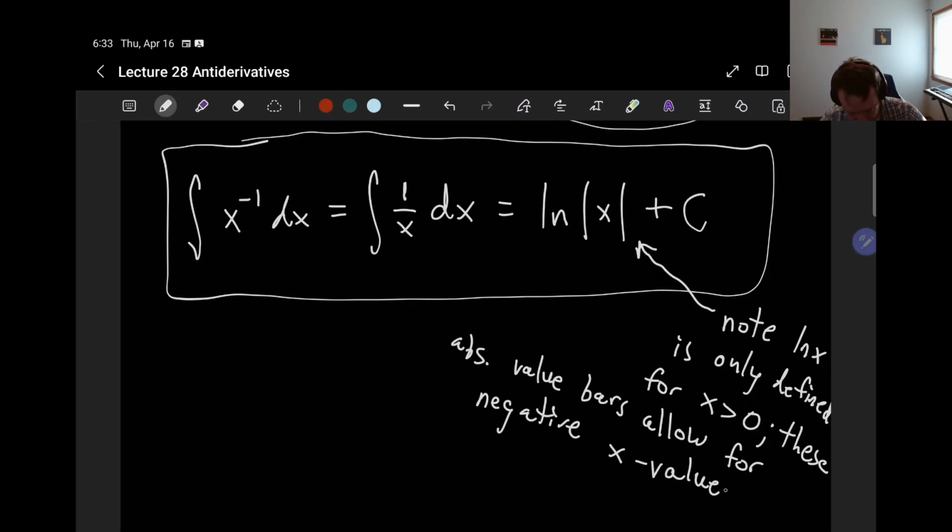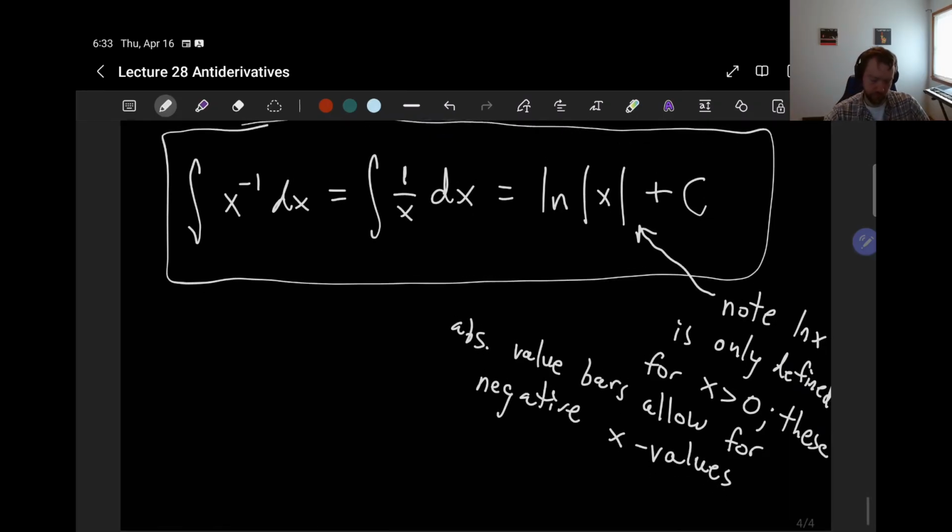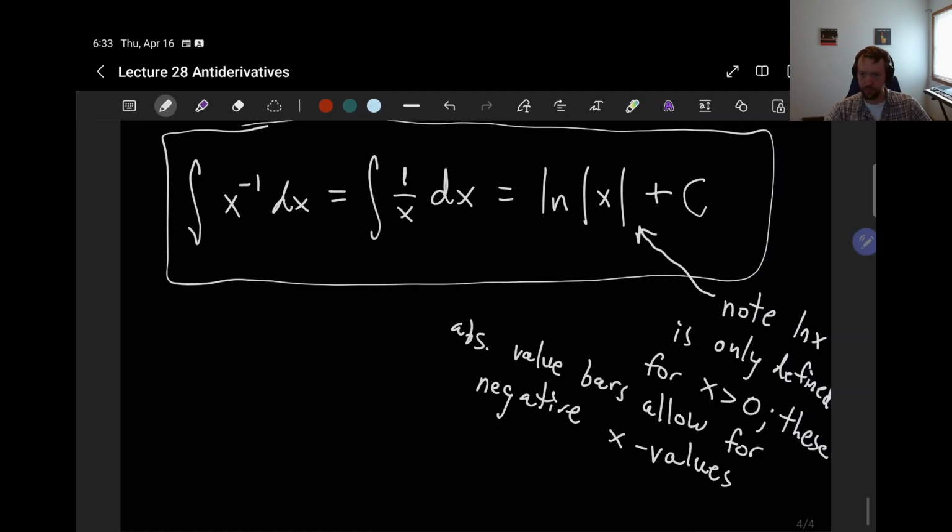There we go. That's desirable for us because the integrand here, 1 over x, also has negative x values. So including the absolute value bars here allows us to be all-inclusive for all x in the domain.